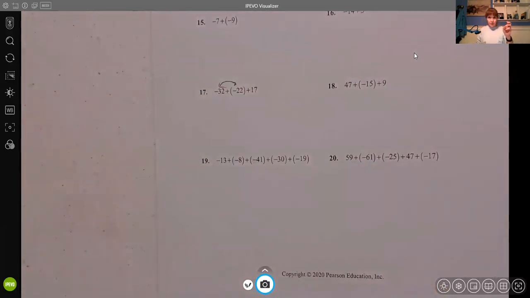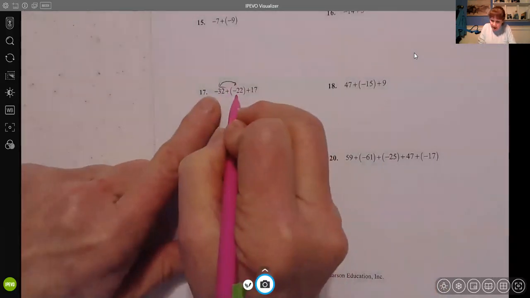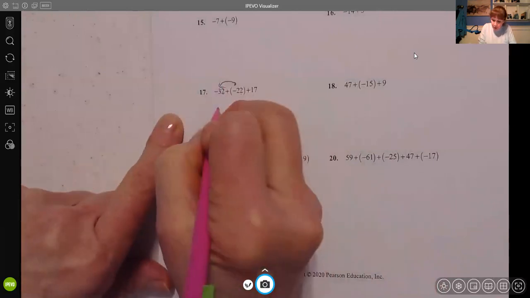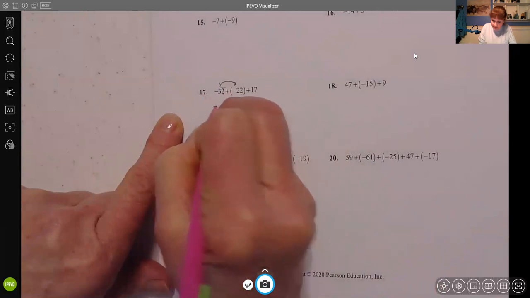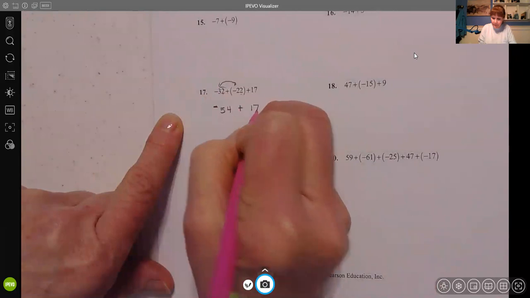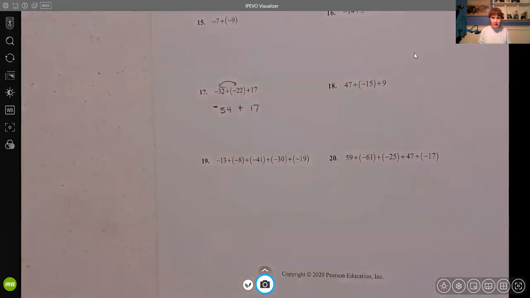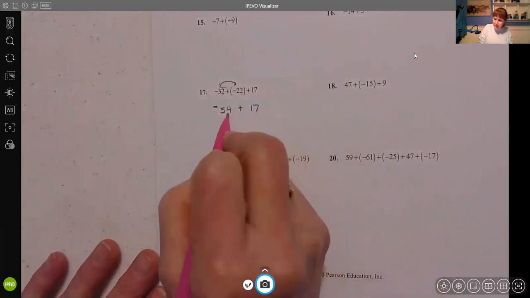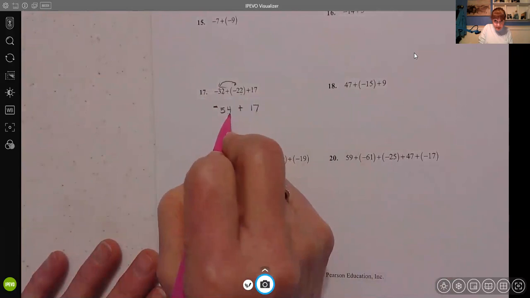Well, here we have 2 of the negatives. So I've got 32 negatives and 22 negatives for a total of 54 negatives plus 17 positives. Well, 17 of these positives are going to cancel some of these negatives, 17 of these right here.